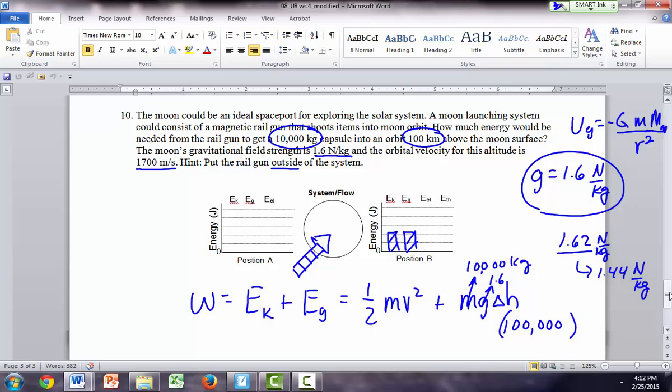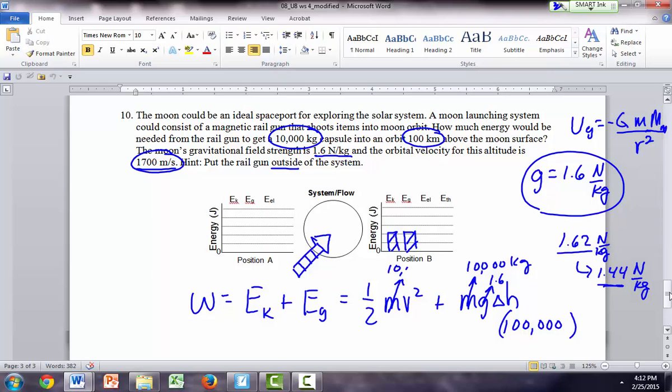So there is enough of a difference where the gravitational potential energy would not be as high at that altitude. So I will ask you, what do you think that does to the amount of work required by the railgun? Does that increase the amount of work it has to do to get something up to 100,000 meters at this speed, or does it decrease it? Anyway, back to our problem.